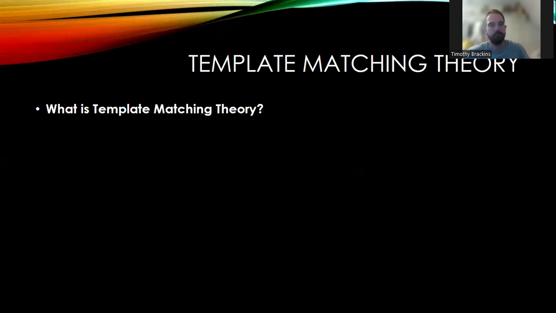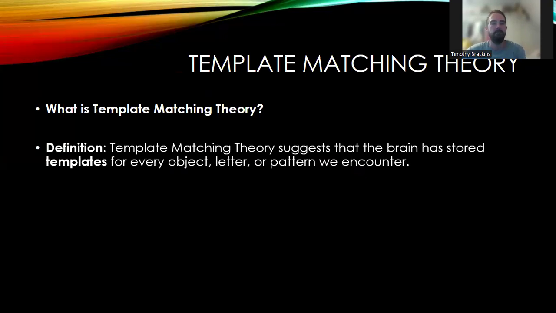All right, so let's start off with template matching theory. So as the name states, template matching theory suggests that for every object, everything that we encounter, our brain is storing a template of it. It can only do this once we've already encountered it.